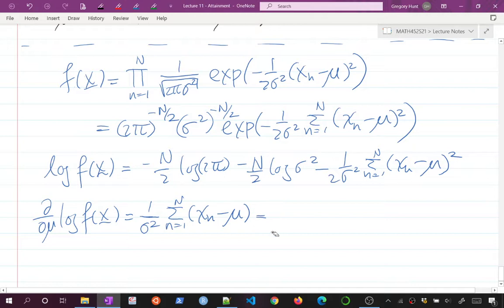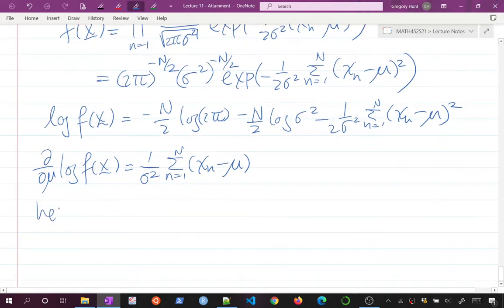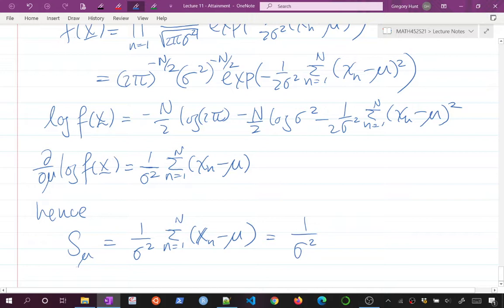So this is basically my score, S of mu, where I replace my deterministic x with the random x. So 1 over sigma squared, we can write this as n x bar minus n mu.